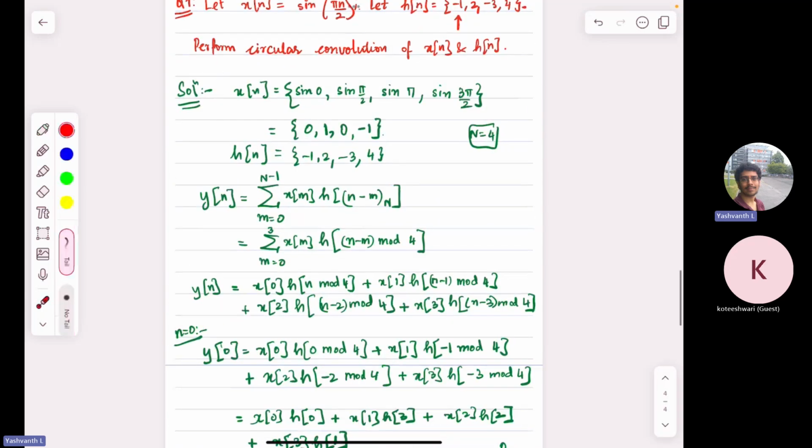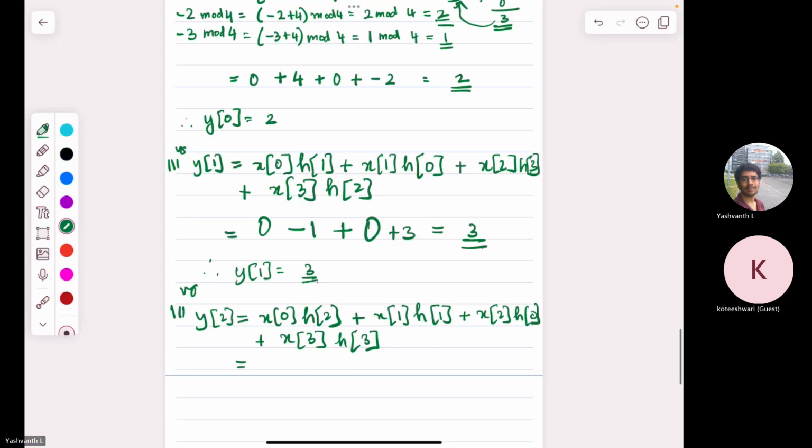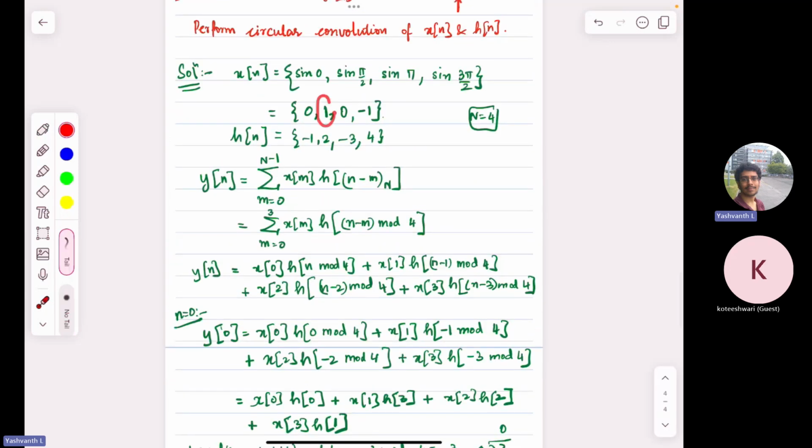So again, what is x of 0 into h of 2? 0 into minus 3 is 0. Plus x of 1 into h of 1: that is 1 into 2, which is 2.